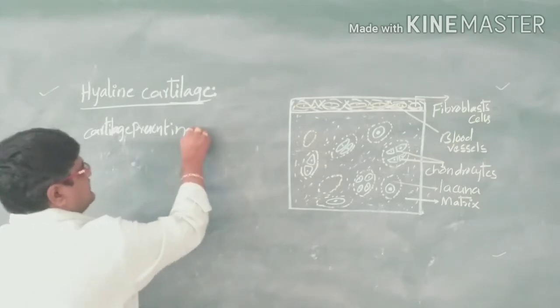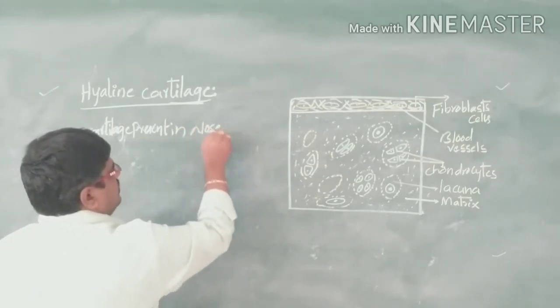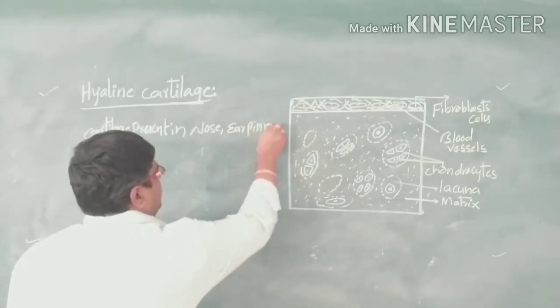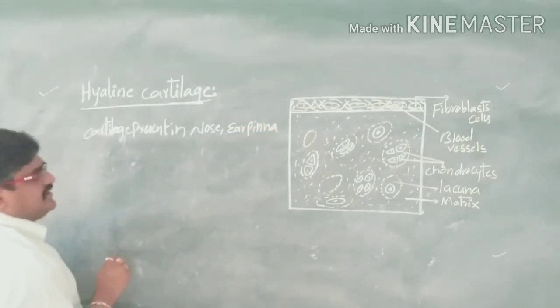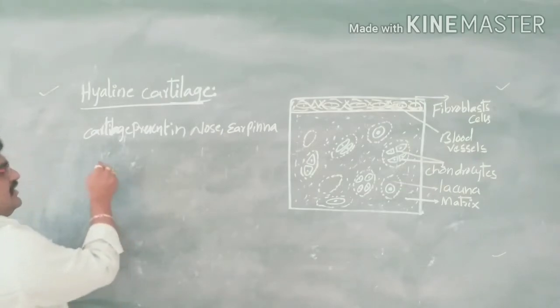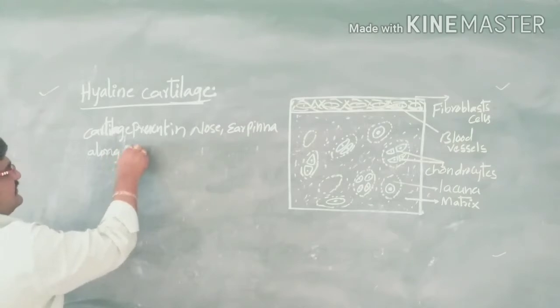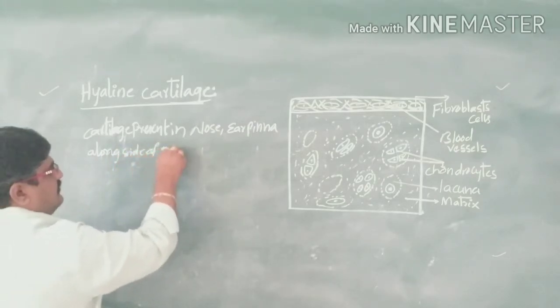Cartilage is present in the nostrils, in the nose, as well as the ear pinna, and along the sides of the vertebral column.